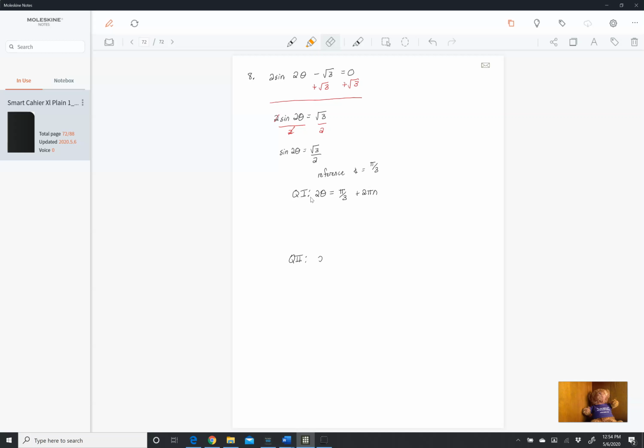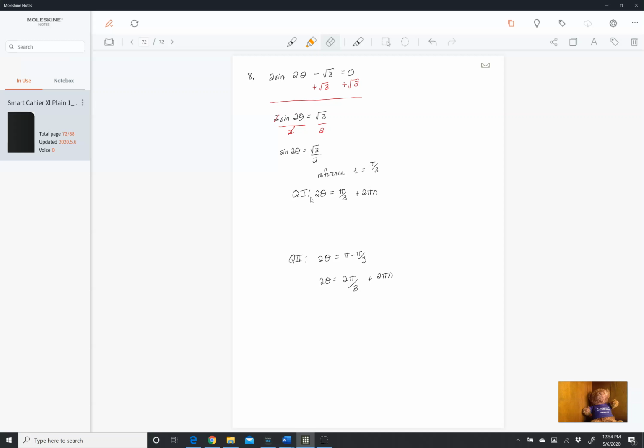Same thing here. It's not theta, it's 2 theta. So in quadrant 2, it's pi minus pi over 3. So pi minus pi over 3, that's 3 pi over 3 minus pi over 3, which is 2 pi over 3. And then don't forget to add the 2 pi n.